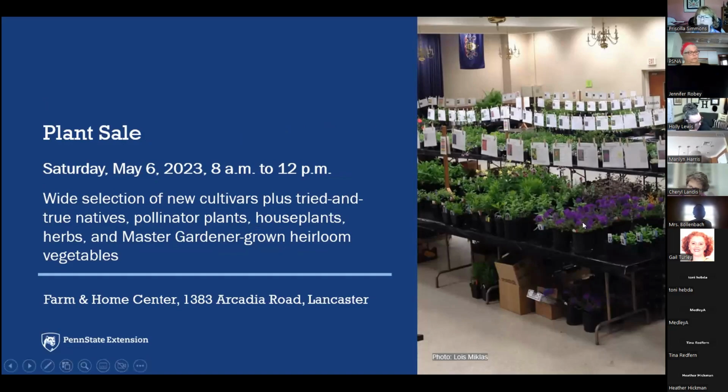If you're interested, you can go to the plant sale and compete with other people to get some very carefully chosen plants for your precious backyard. I'm on the plant sale committee, so I know that countless hours go into this. And all of this work is to raise funds that support the other educational activities that we participate in.